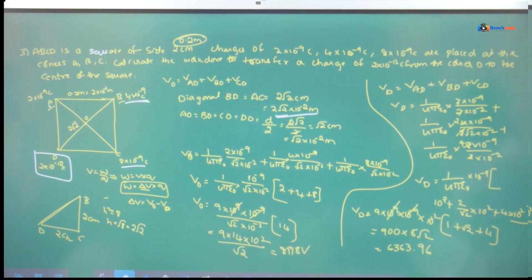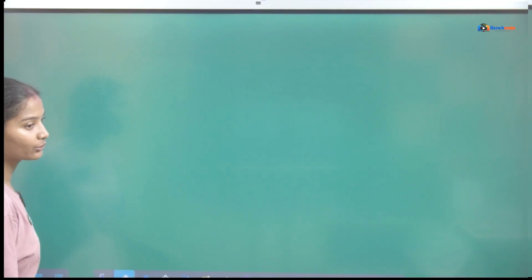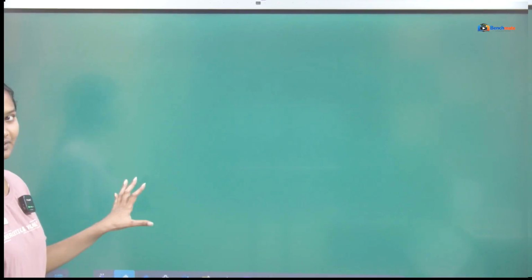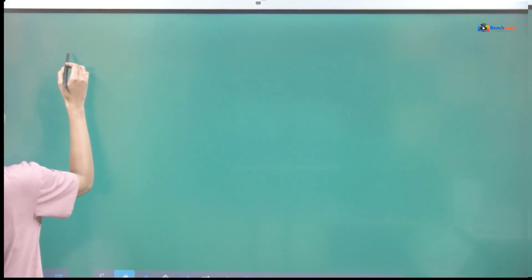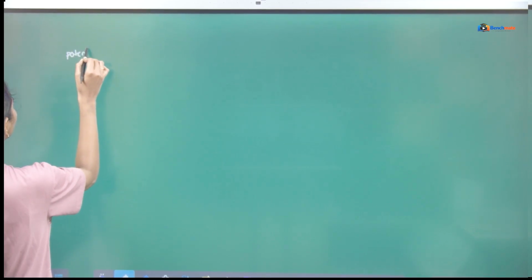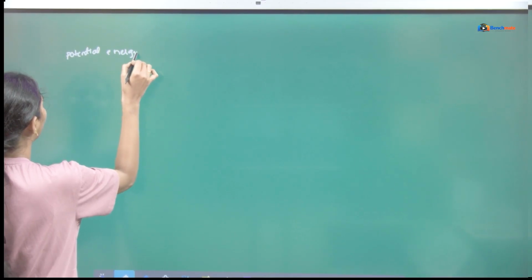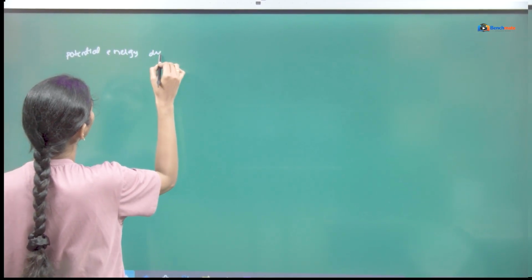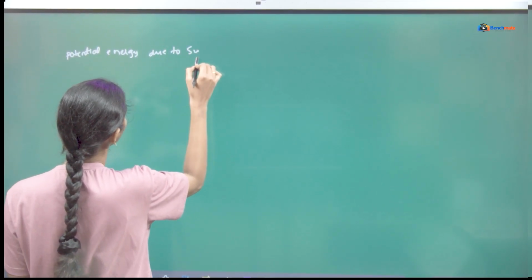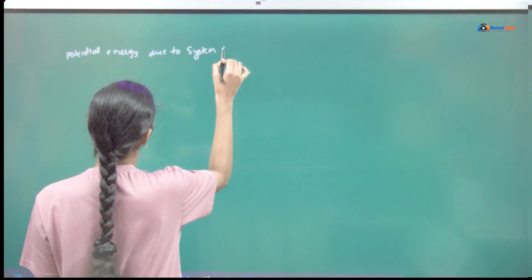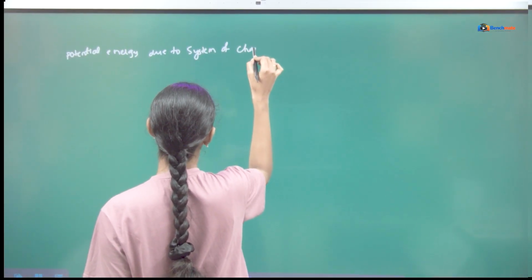So the same question, take 0.2 meter and try by yourself to see what answer you are getting. Clear. Next, potential energy due to system of charges. Already we have calculated this concept for one charge, we completed it.